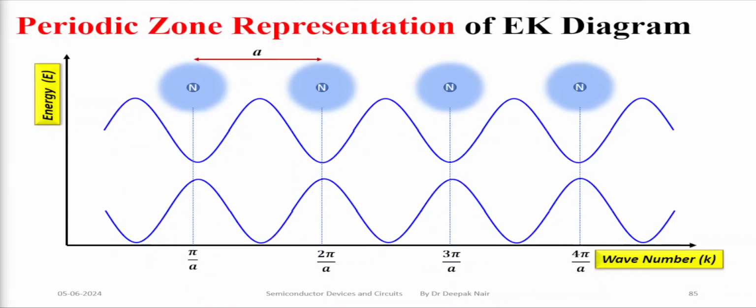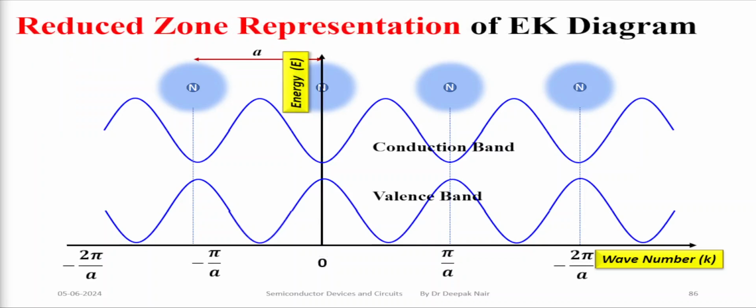Here we call this arrangement periodic zone representation, where these atoms are assumed to be arranged in a periodic manner in the lattice, which forms the semiconductor devices or any other solid device. Based on these behaviors, we end up with the energy band of such devices.